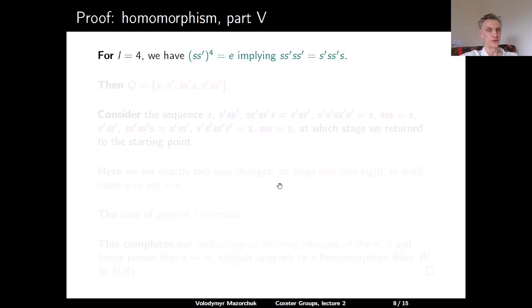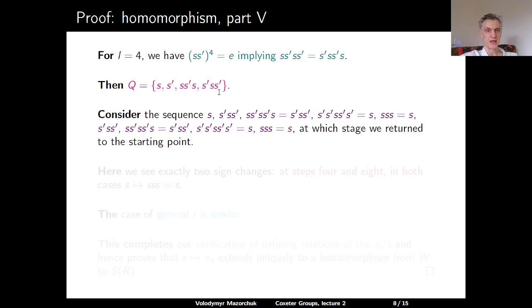Now, if L is equal to 4, we have (s s prime) to the power 4 is the identity, which means that s s prime s s prime is equal to s prime s s prime s. Then our set Q consists of s, s prime, s s prime s, and s prime s s prime. Let us consider the sequence s, then conjugate of it by s prime, then conjugate of it by s.